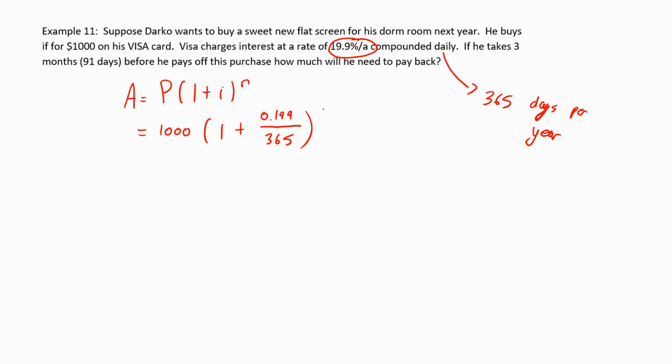Our exponent in this case is going to be 91 because it's taking 91 days. So this is the same thing as 1,000 times 1 plus 0.199 divided by 365, to the exponent of 91.